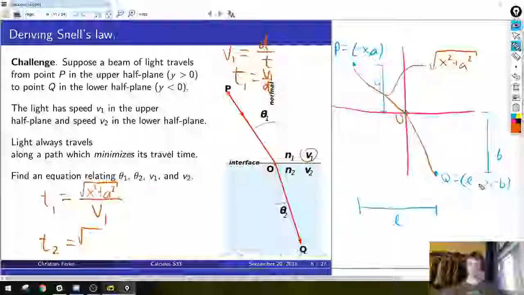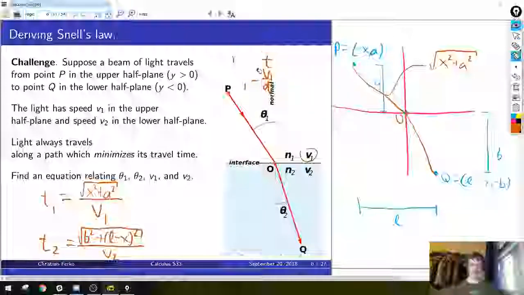B minus x, or L minus x, you mean? That's an L, a cursive L, sorry. b is the y and L minus x. Good. So you mean b squared plus L minus x squared. Right. All over v2, I think you said. Okay.